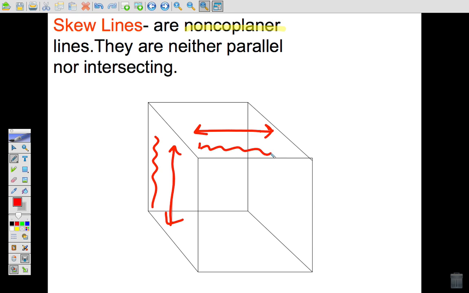And if the lines kept on going, they're never going to touch each other. So skew lines are neither parallel nor intersecting. Now, if they did cross or they did touch, then they would not be considered to be skew.